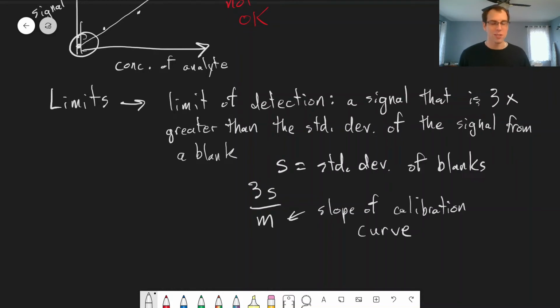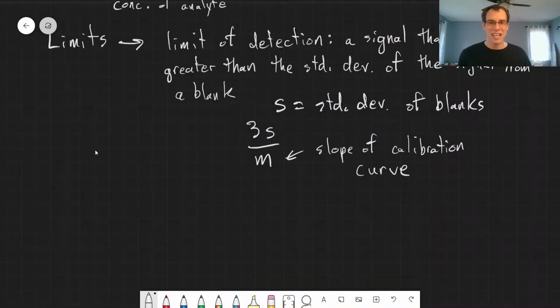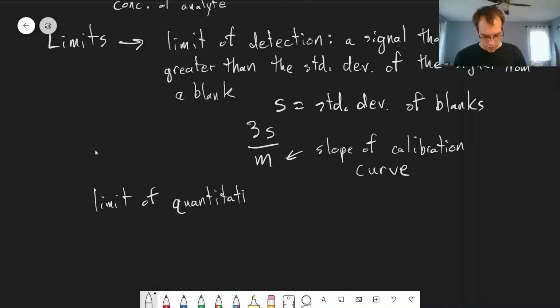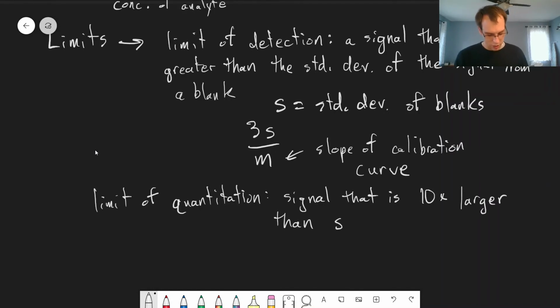So there's a different range that we call the limit of quantitation. This is where you can actually quantify the results. It's similar to the limit of detection, but instead of 3 times larger, the limit of quantitation is 10 times larger than what we've defined as S here, the standard deviation of the signal from blanks.